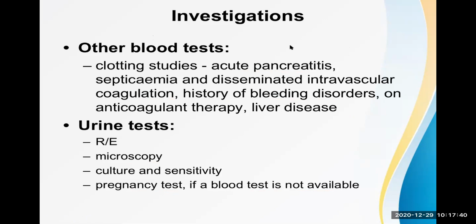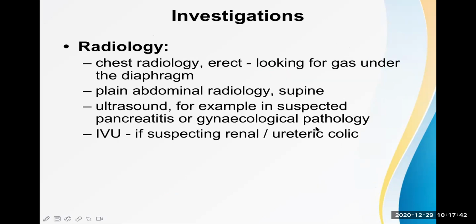Let's move on. Now, what is the role of radiological tests for the diagnosis of acute abdomen? Chest X-ray should be taken in the erect view to look for gas under the diaphragm. Already talked about, it's a very important one. And plain abdominal X-ray should also be taken, in two different positions: one is erect, another is supine.